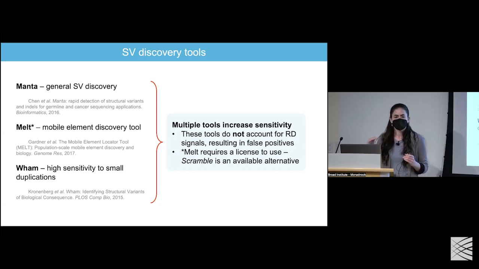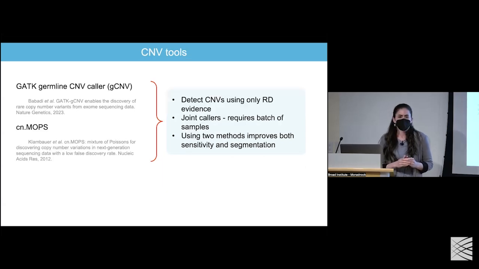Note that none of these that I'm showing right now actually use read depth, so we have to add in 2 other callers for that, which I'll get to next. Also note that MELT has a restrictive license, so we're working on switching over to an open source alternative called Scramble.